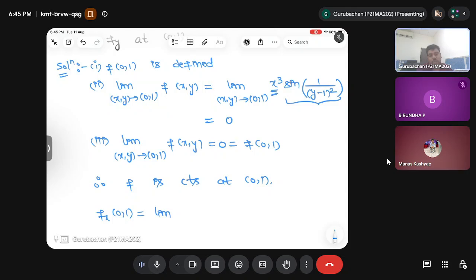If there was no x cube, then we can say that the limit does not exist. But here we have x cube in the multiplication, that is going to 0. So 0 multiplied by any finite quantity, we can say it is 0. Suppose there is no x cube; in that scenario, you can say that the limit does not exist.